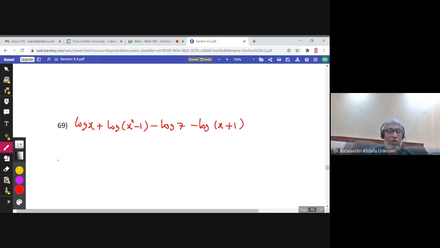MashaAllah, we have 4 logs. No problem, don't worry. I can find the answer quickly. As I told you, it would be log, and we will have a fraction. x has a positive coefficient, I write it up. x squared minus 1 positive, I write it up. 7 negative, I write it down. x plus 1 negative, I write it down. This is immediately the answer. If you want to take the minus as a common factor and do it step by step, you will get the same answer.